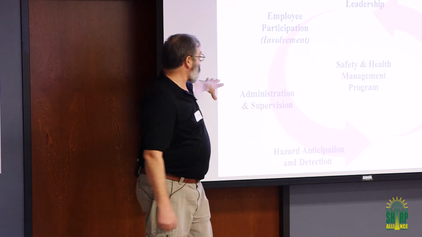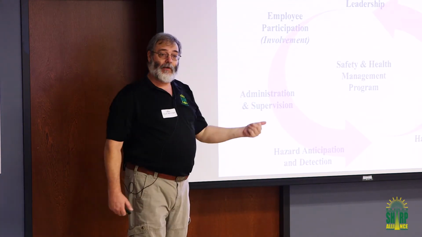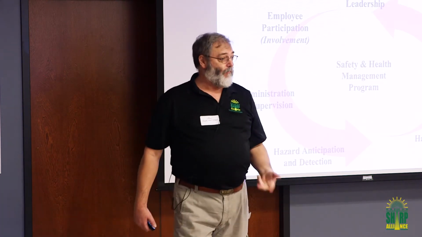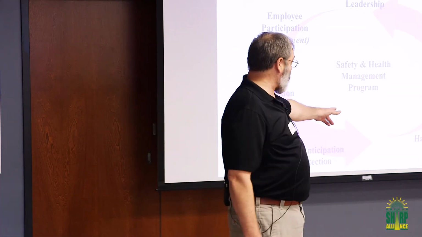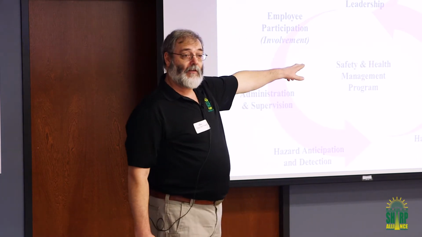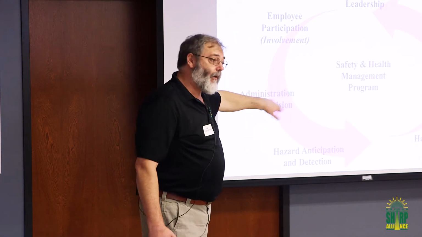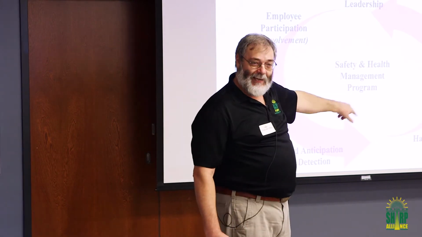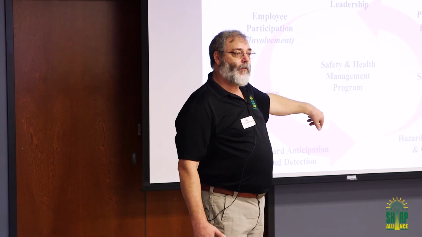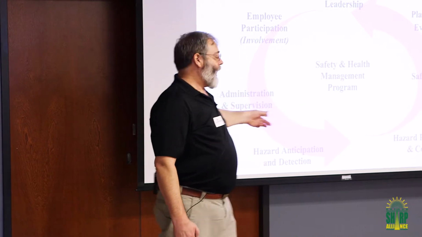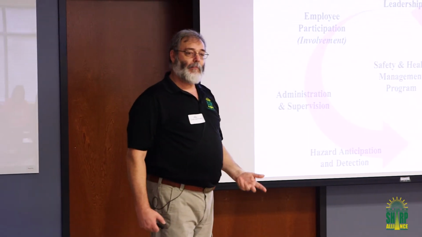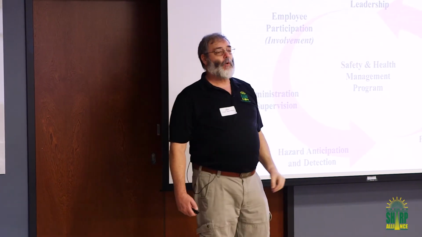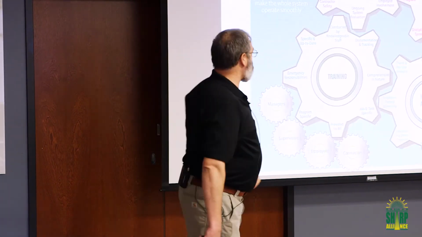We have to have a system of administration and supervision, ensure the work gets done, a system of hazard anticipation and detection to make sure we're finding the hazards, a system that allows us to fix the hazards, and finally a system of training, okay? Very interrelated, but if you look at your own workplace, you're probably gonna see all of these elements within what you do, okay? And so the SHARP process and the VPP process allows us to look at more detail individually with each one of these things, okay?